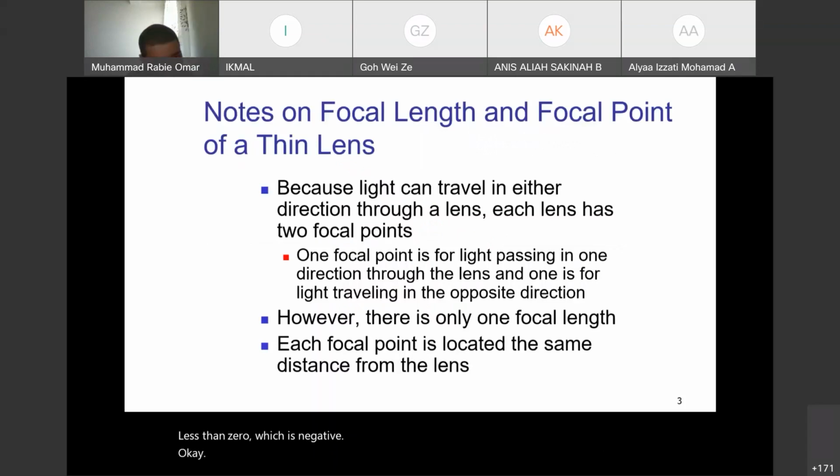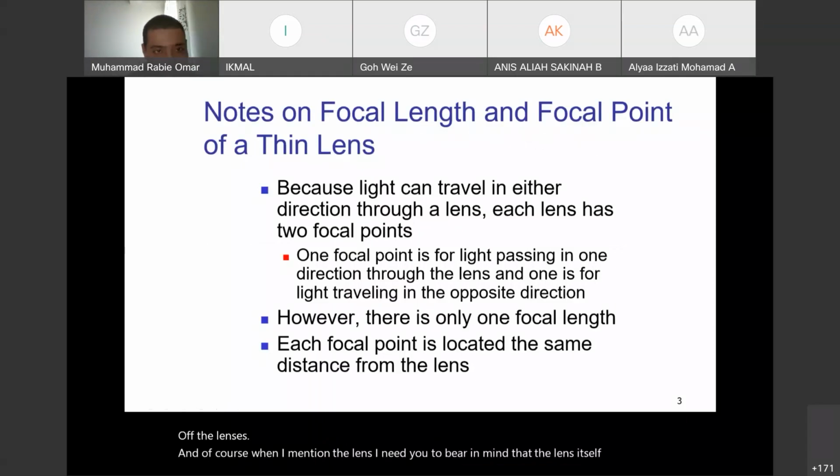Now, let's go to the lenses. First of all, I need you to bear in mind the focal length and the focal point of the lenses. And of course, when I mention the lens, I need you to bear in mind that the lens itself is a thin lens.